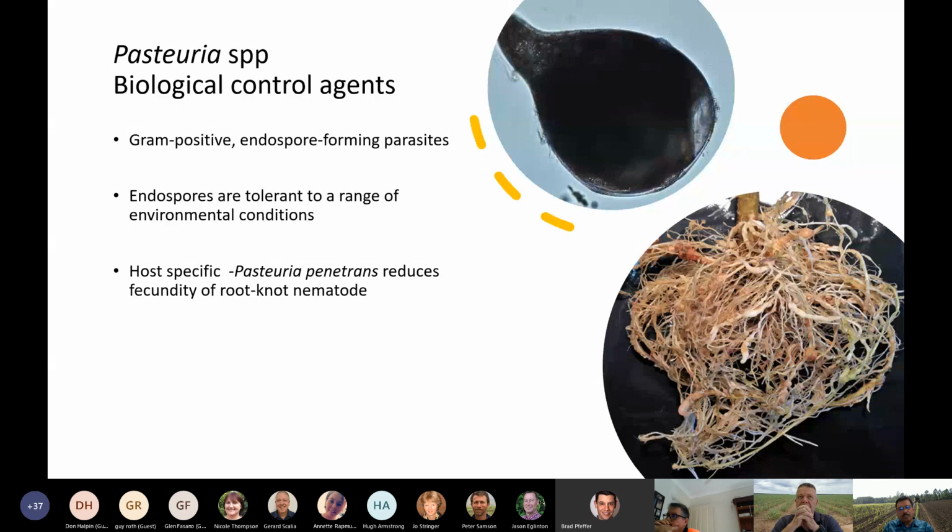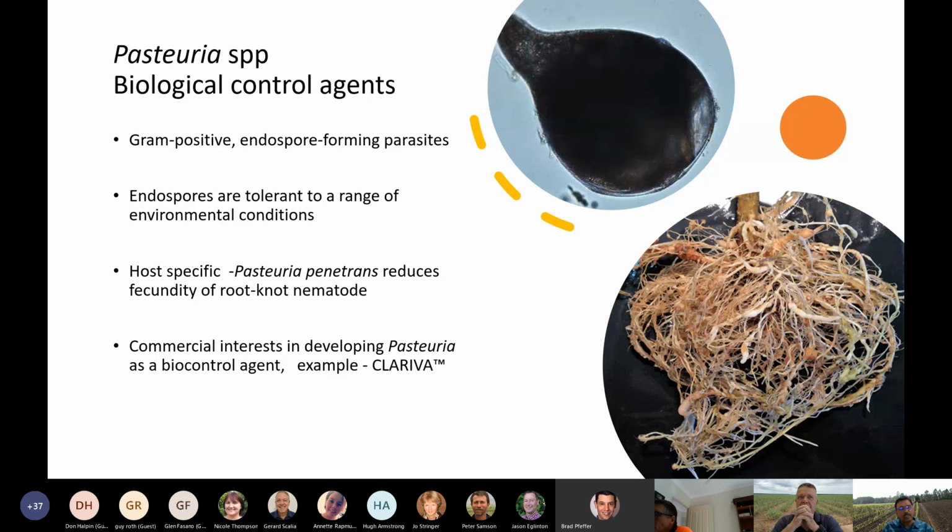The other important thing about Pasteurella is that it is very host specific. For example, Pasteurella penetrans only attacks root knot, not other nematodes. That means that it doesn't attack free living nematodes or other nematodes. That's why it's very popular.